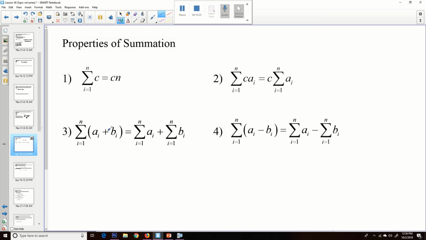If you are taking the sum of two separate equations, you can sum the first equation and add that to the sum of the second equation. The difference also holds true. So if you have the summation of a difference of two equations, you can do the sum of the first equation, do the sum of the second equation, and then subtract them.